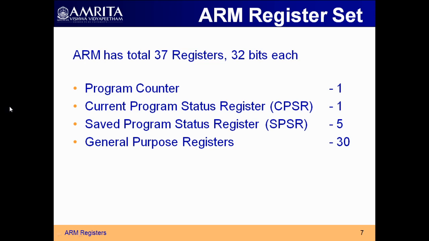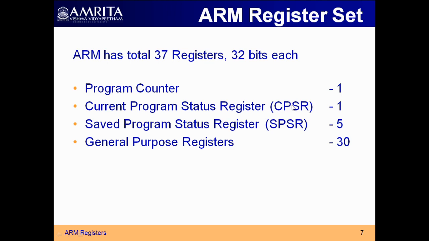Right, so how are these 37 registers split up? There are 30 general purpose registers. Then 5 saved program status registers, that is, in each mode except the user mode you have an SPSR. Then one CPSR. Where is the CPSR available?